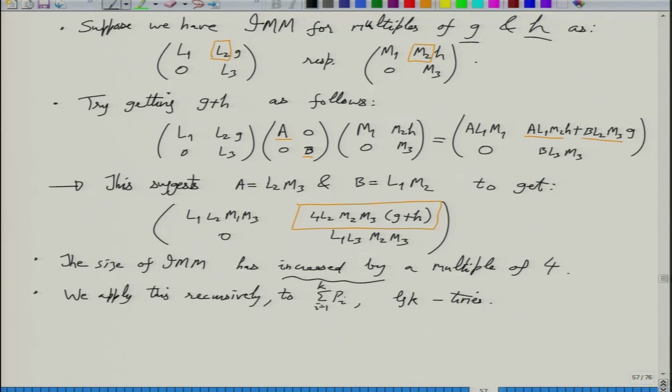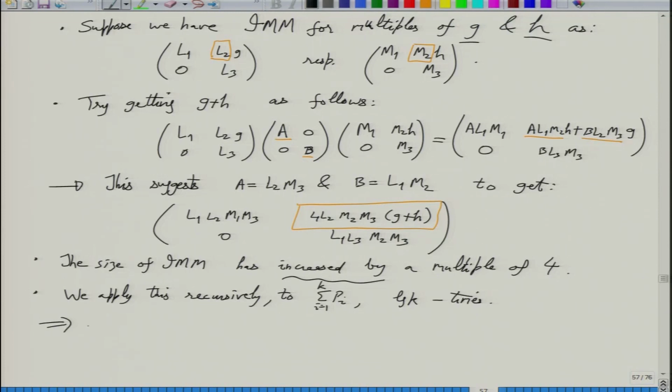So in log k steps you can add k things, or log k is the depth of your recursion tree.